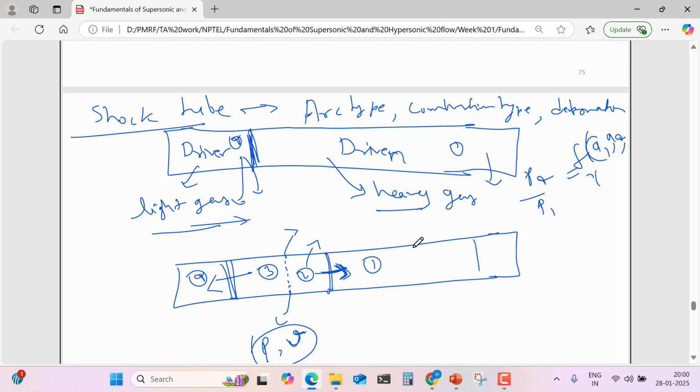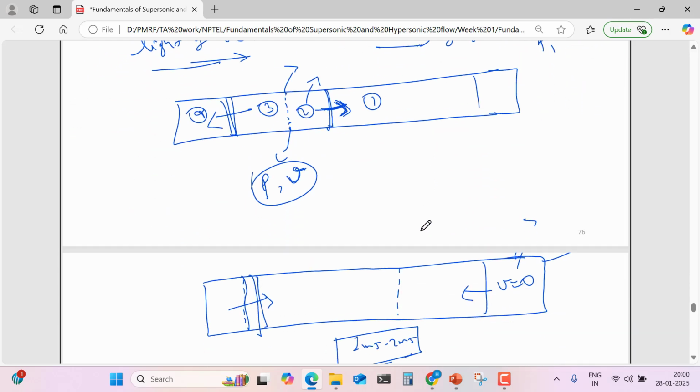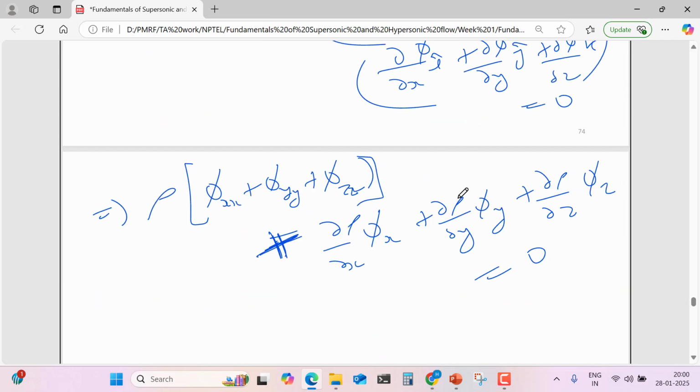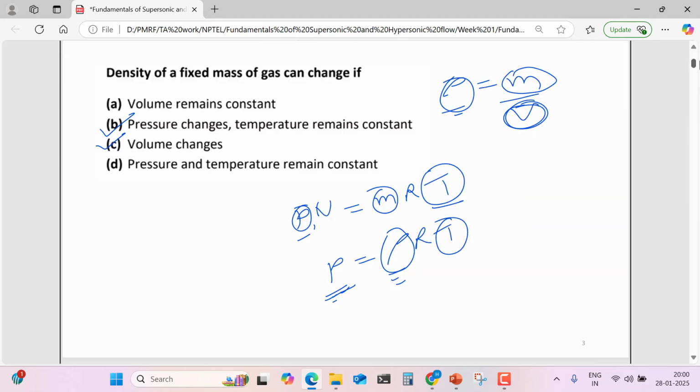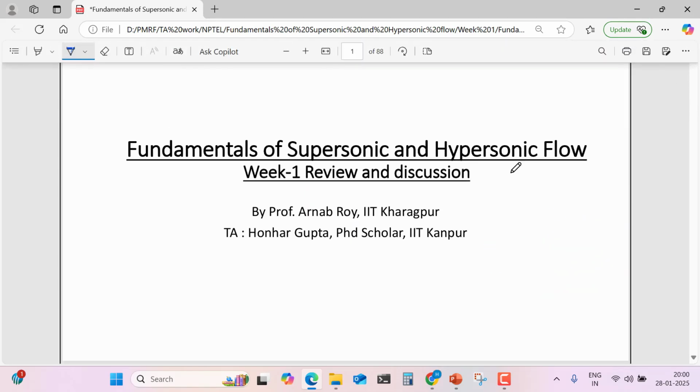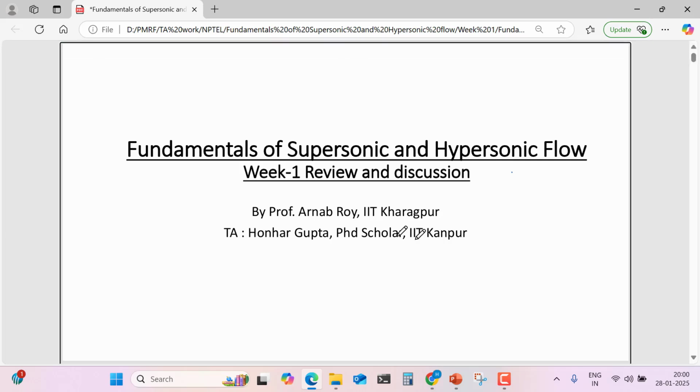No, sir. Okay, so today I talked only about fundamentals which will be useful in the course. These are related mainly to compressible flow and thermodynamics. So you can also refresh your memory and study both thermodynamics and compressible flow. It will be very useful in the further weeks' lectures.